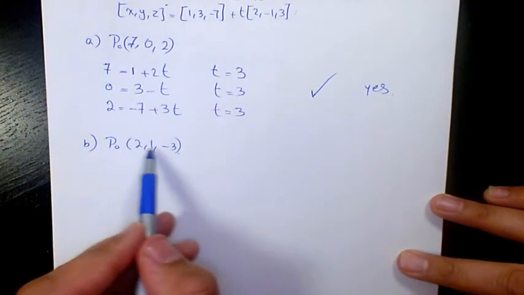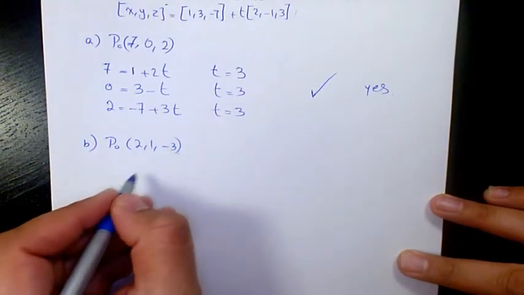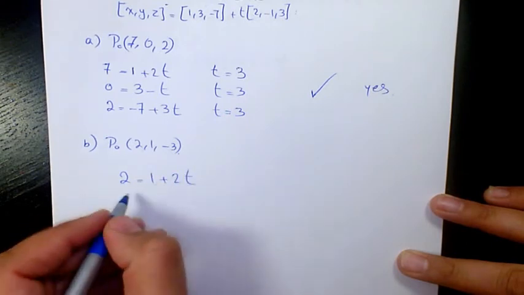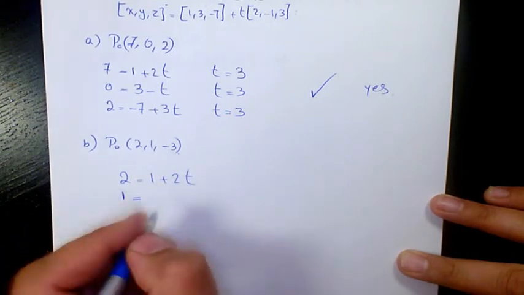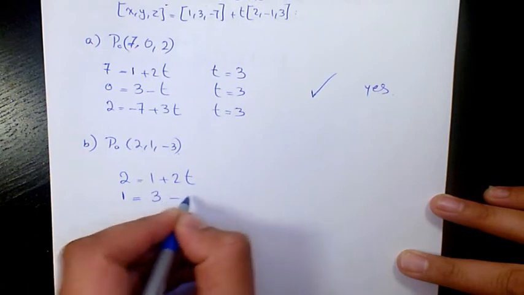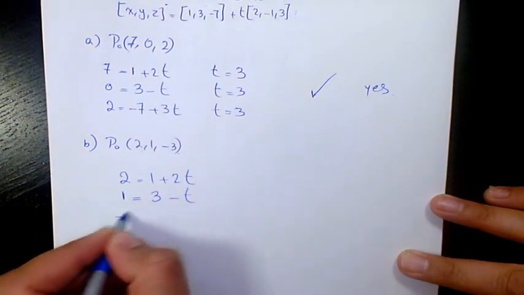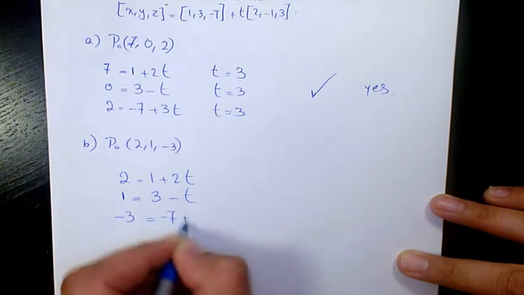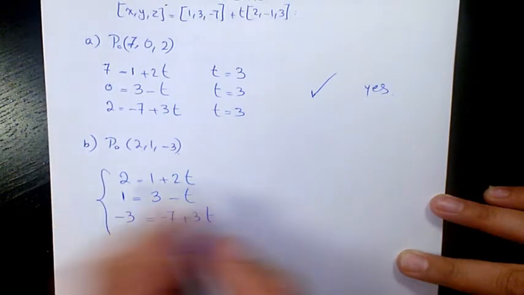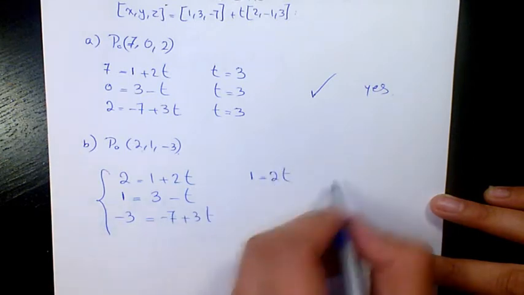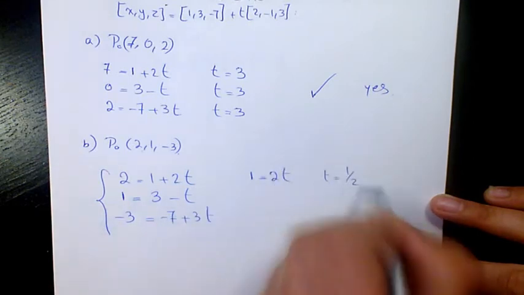Second one, (2, 1, -3). So we sub it there. 2 equals 1 plus 2t, 1 equals 3 minus t, and then we have negative 3 equals negative 7 plus 3t. So that will be 1 equals 2t, which is going to be t equals 1/2.